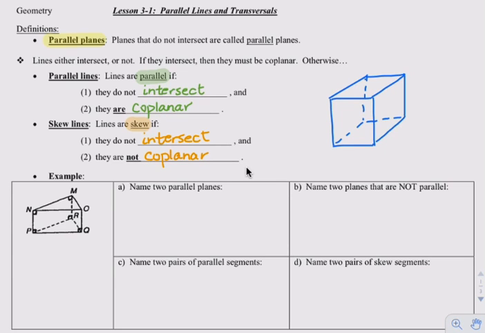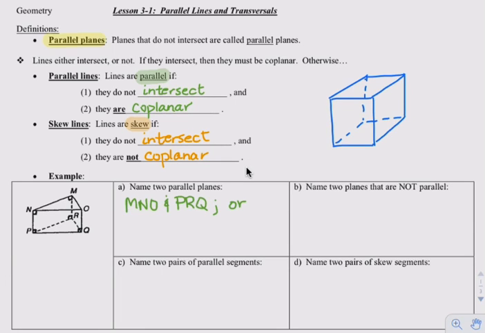Okay, so here's an example. Looks like a little block of cheese here. Name two parallel planes. So parallel planes, for example, MNO, the top, and PRQ, the bottom.